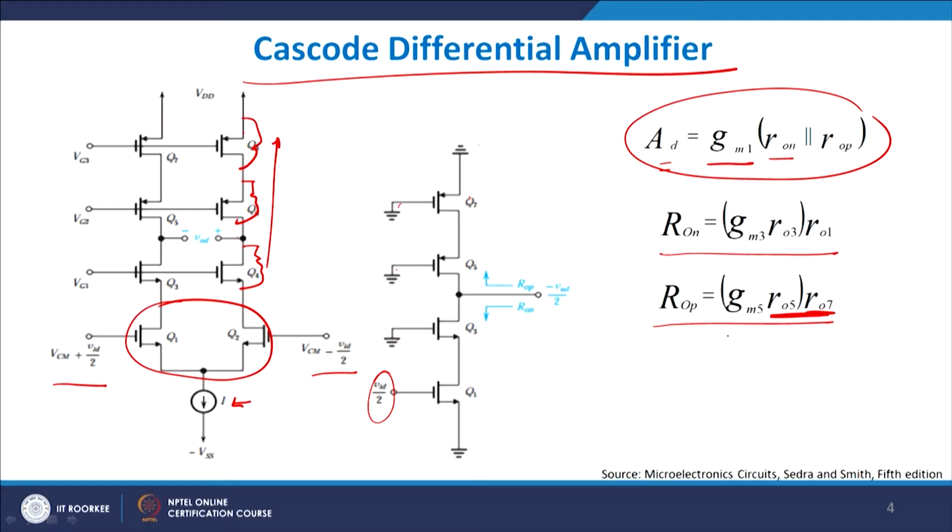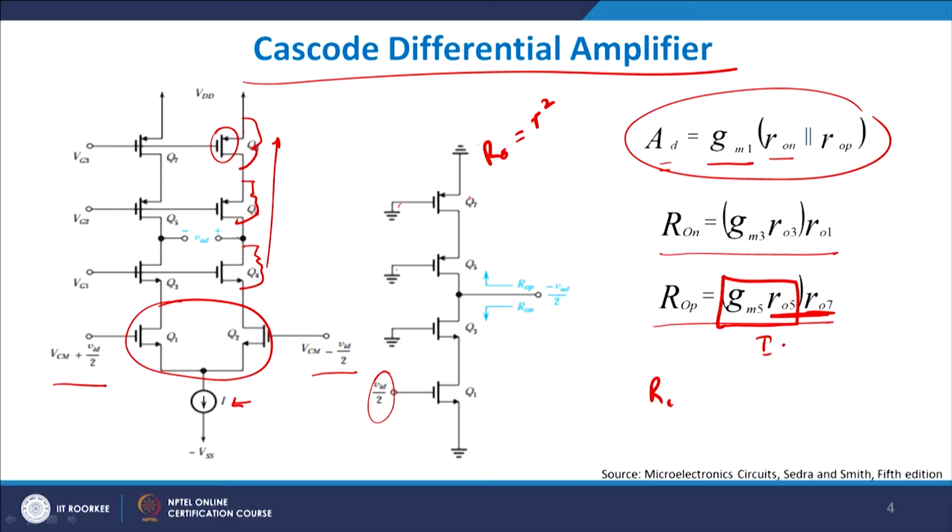So, GM5 into RO5 is nothing but the current flowing through the MOS device Q5, and if you multiply that with RO7, which is basically the series impedance, then we automatically get the value of this. If you remember, when we try to find out the resistance, it is basically the small signal resistance squared which we are trying to find out. So, RO is nothing but the square.